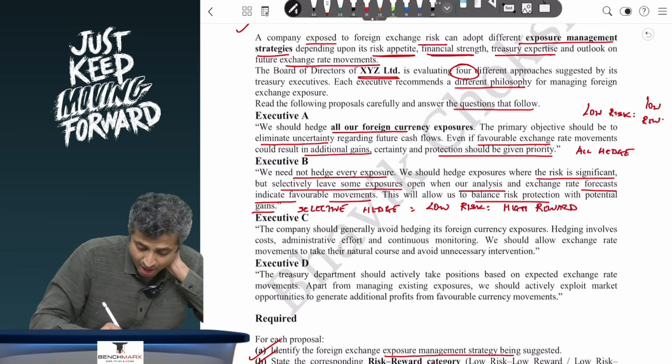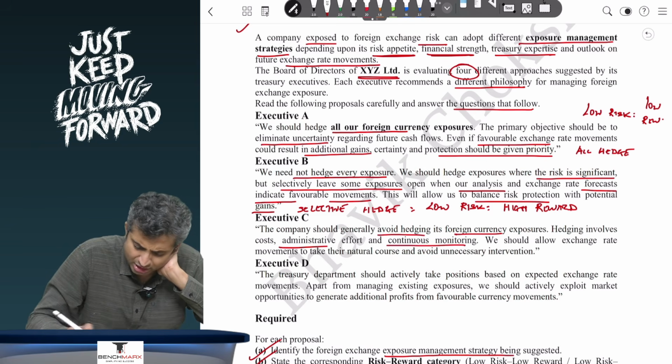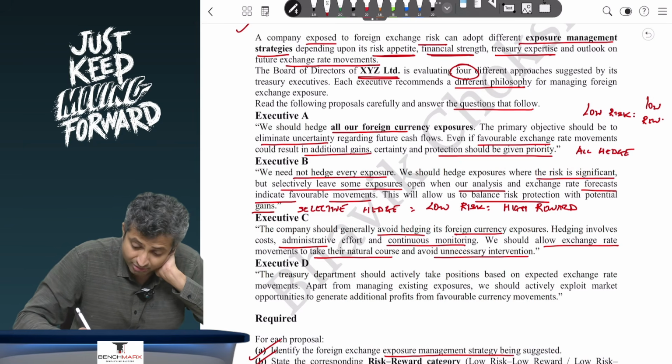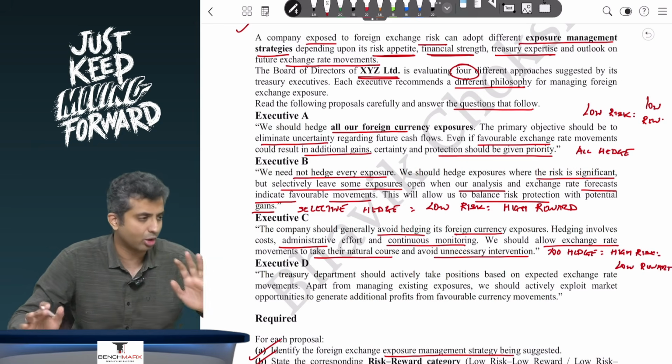The third executive: the company should generally avoid hedging altogether its foreign exchange exposures. Hedging involves cost, administrative effort, continuous monitoring. We should let exchange rate movements take their natural course and avoid unnecessary intervention. In which case there is no hedge, and there is definitely high risk and low reward. This is, in my opinion, the worst of all the strategies.